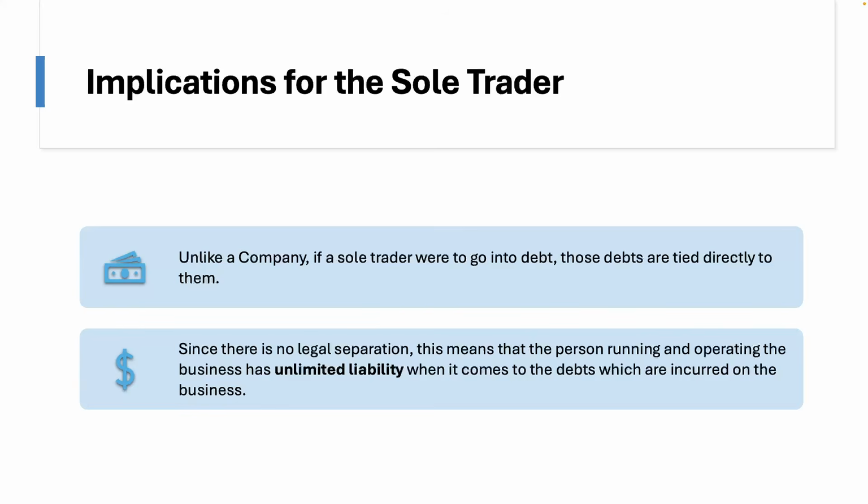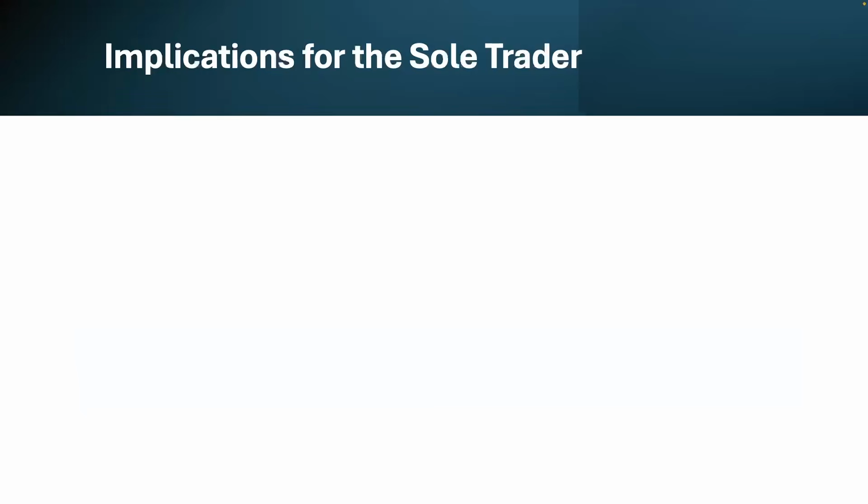Because a sole trader, like I said, has no legal separation, the debts associated with that business are just debts associated with the person. They are just their debts at the same time. Unlike with a company, in which you can have the company's debts that aren't necessarily going to incur liability onto you, a sole trader has no limitation of liability. They have unlimited liability.